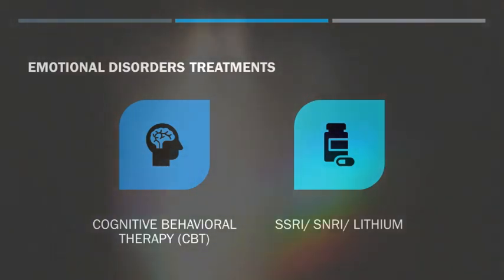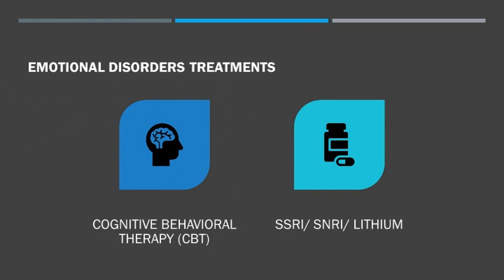Now, in terms of anxiety disorders, the medications are selective serotonin reuptake inhibitors, SSRIs, as well as the more fast-acting benzodiazepines to relieve some of the more painful symptoms of the anxiety.